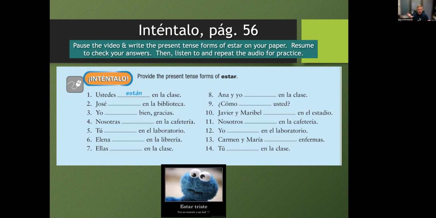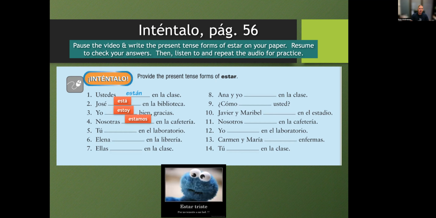Número 1, ya está proveído, ¿verdad? Ustedes están en la clase. Bien, vamos. Número 2, José está en la biblioteca. Third person singular, José. Número 3, yo estoy bien, gracias. Número 4, nosotras estamos en la cafetería.